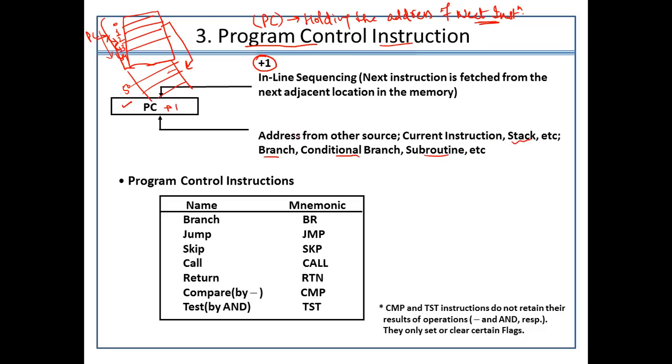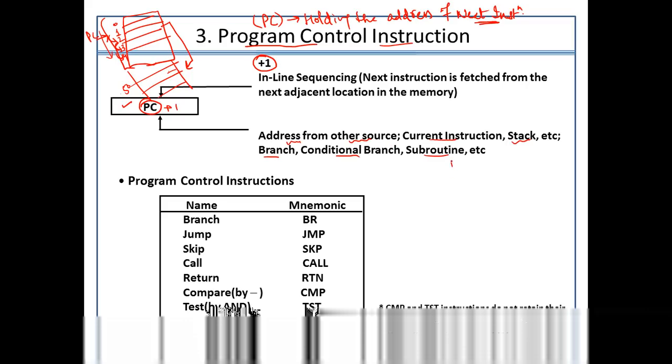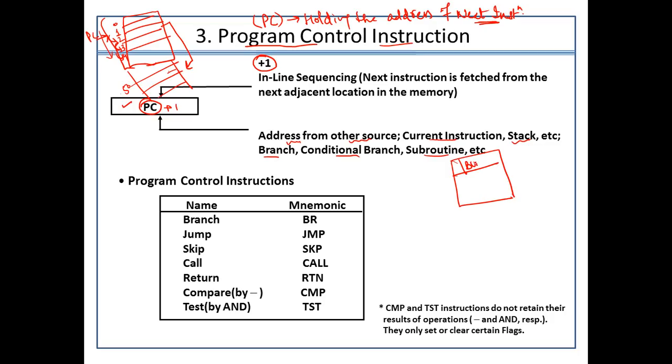The address of the next instruction would be coming from another source. Maybe the current instruction is a branch unconditional, directly pointing me that the next instruction I need to hold is the 50th instruction.